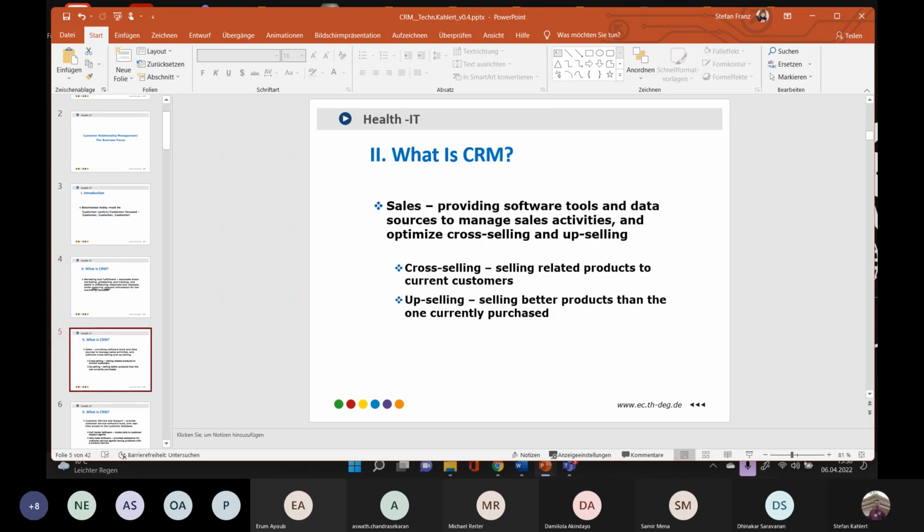So it is, from a sales perspective, a tool where you can optimize your client approach. And I think we have spoken about that last time. You either have cross-selling or upselling opportunities.